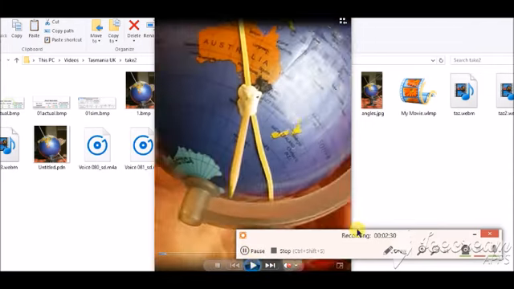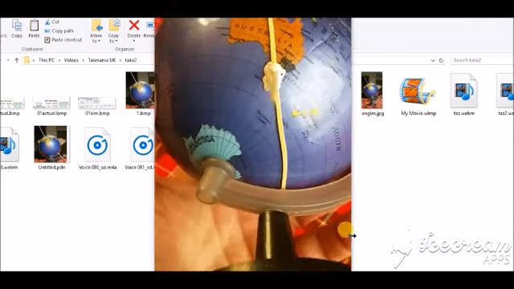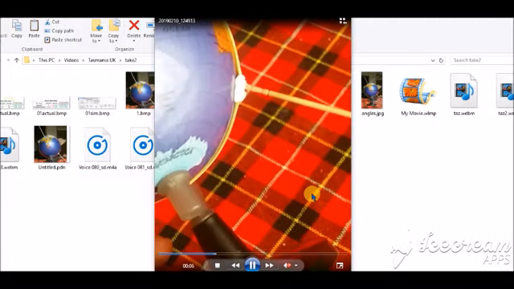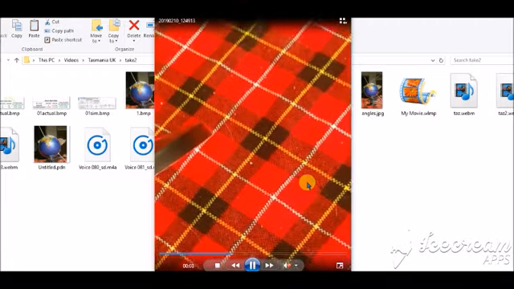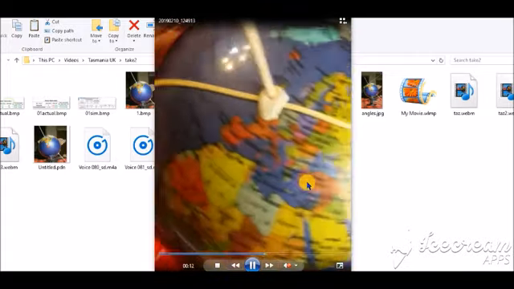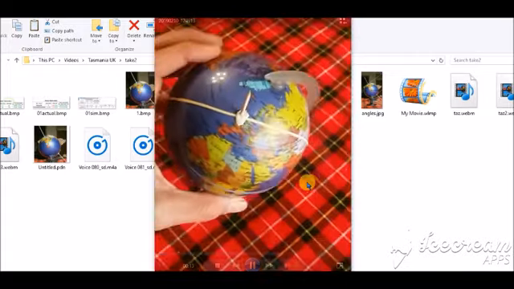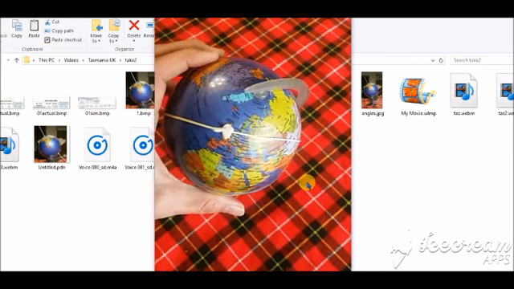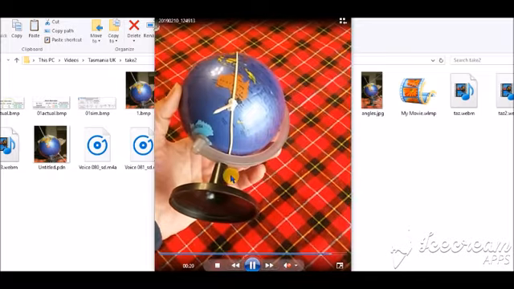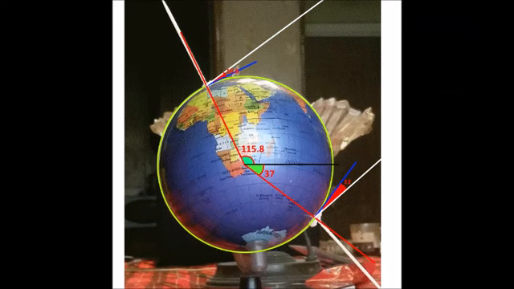So here's the video just to show that I put the location on Tasmania, or as close as I could, regarding the size of this globe model, and the location of the UK, or Ripley. And you can see the rubber band is cutting the ball in two halves. That's a great circle.